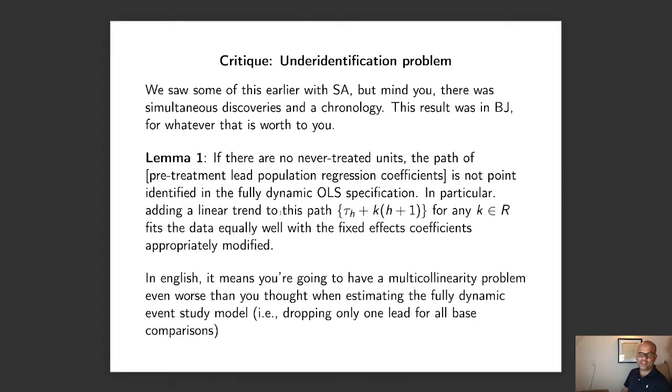So the under-identification problem, we saw some of this with Sun and Abraham, but remember there were these simultaneous discoveries. Simultaneous discoveries happen. There was a simultaneous discovery of two-stage least squares back in the 50s by two different writers. Even the signaling model: Michael Spence discovers the signaling model, and the philosopher David Lewis discovers the signaling model at the exact same time, pretty much one year apart.